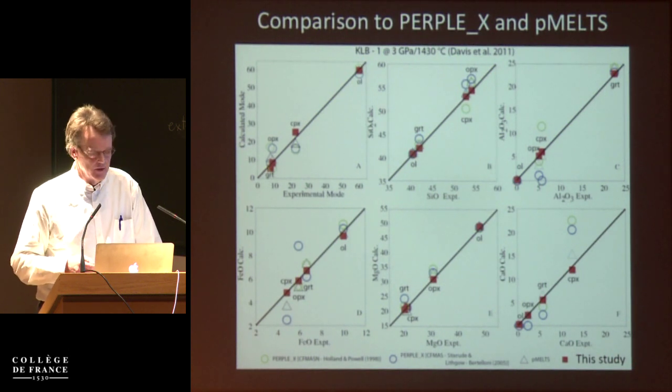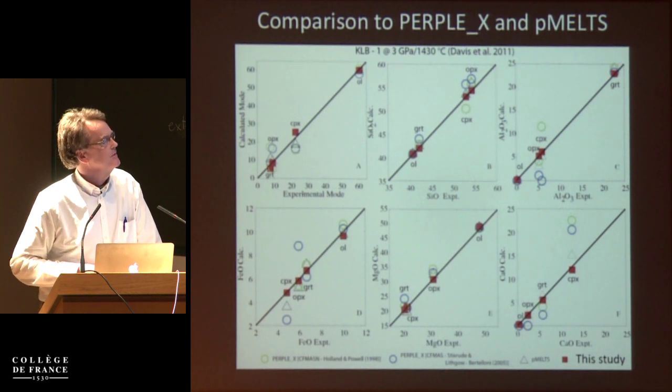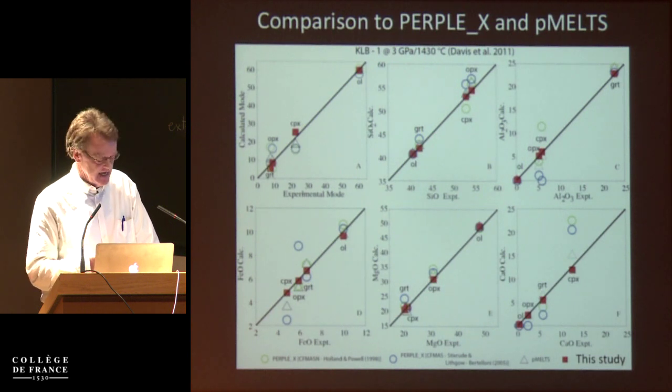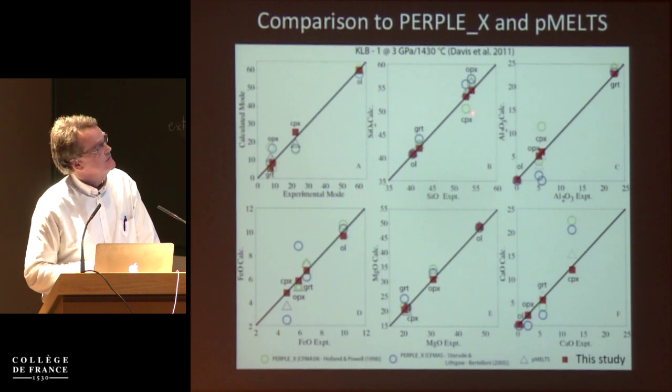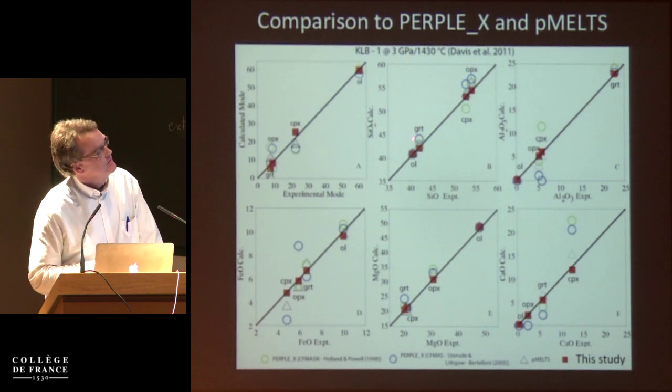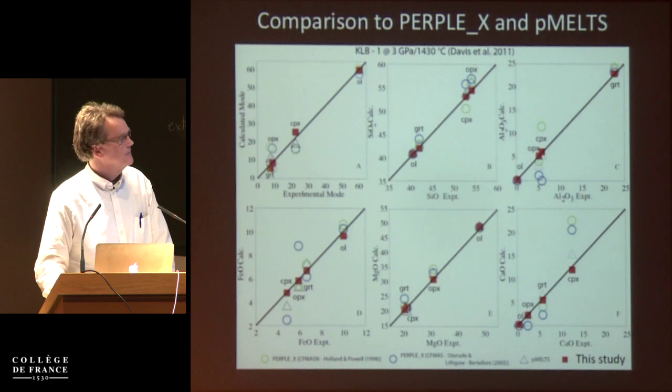You oftentimes are internally very consistent, but sometimes things are not very accurate. And I think you can see that reflected in the deviation in all these plots, in terms of the composition of the phases as well as their modal proportions.